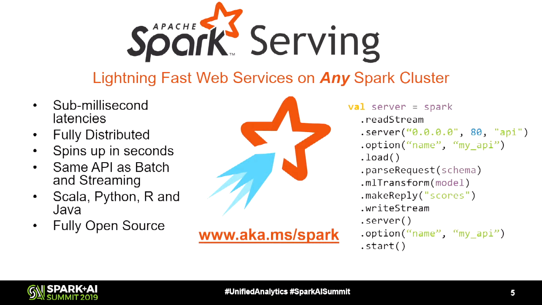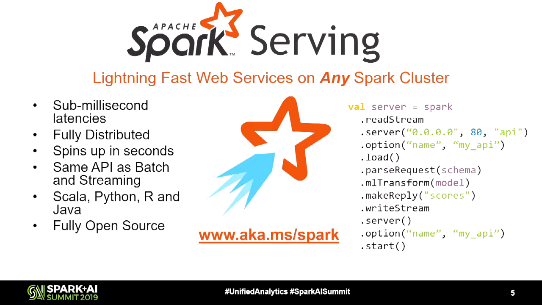That's Apache Spark Serving. And the idea is that we want to provide an API to be able to take your existing Spark cluster and turn it into a distributed web service provider. And so the code is over here on, I guess, your right. And so the basic look is that instead of reading from Kafka or something like that, you readStream from a server.